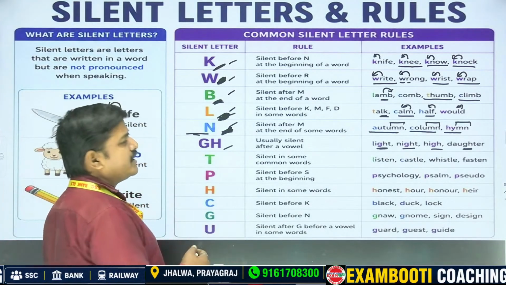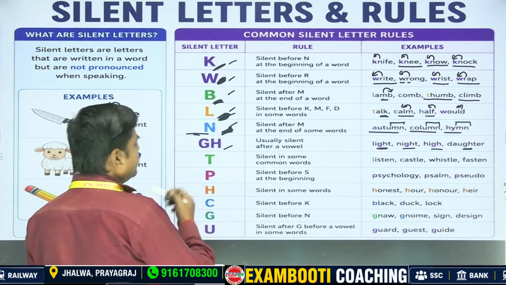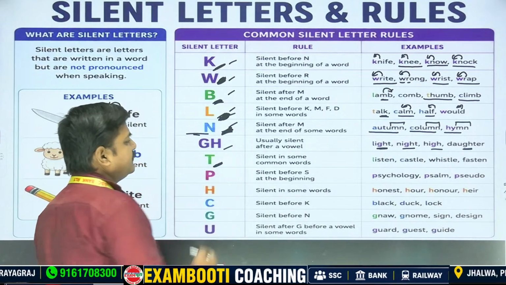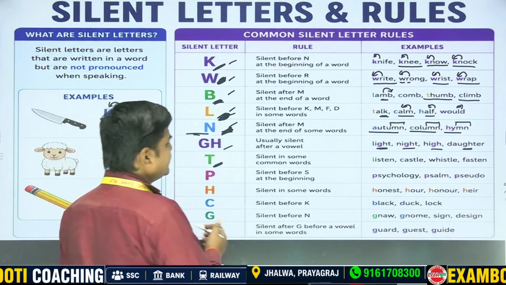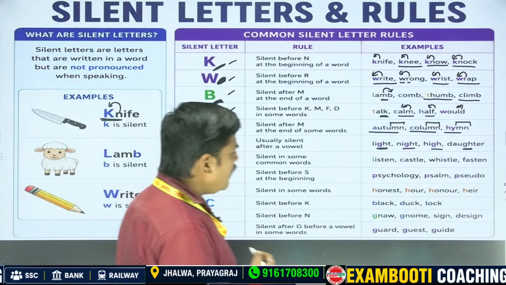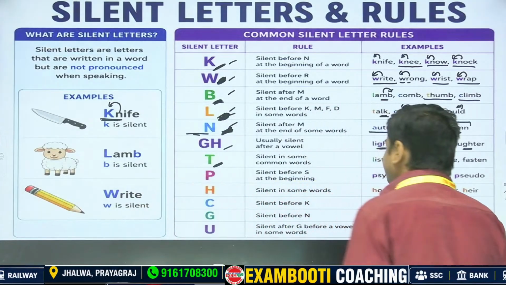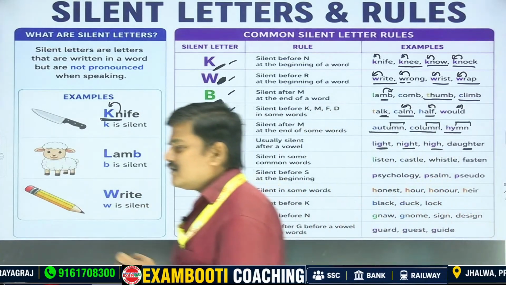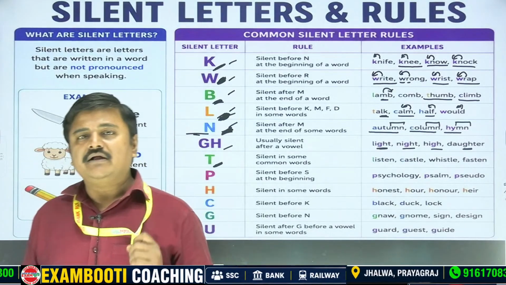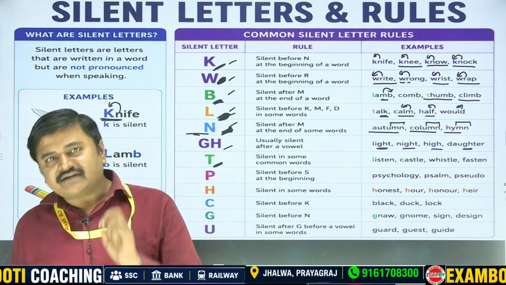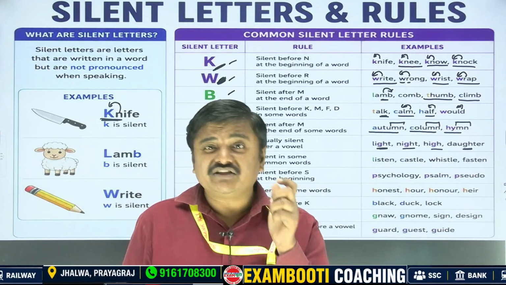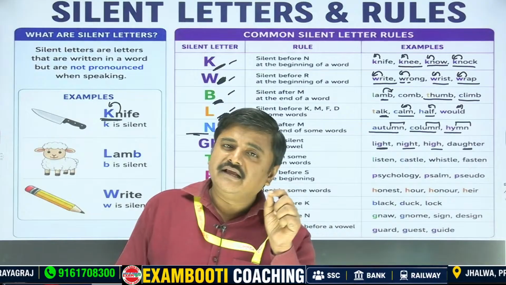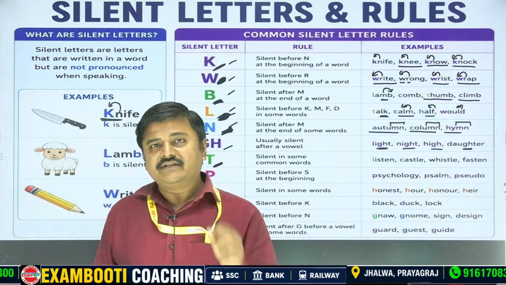Let us come to the next rule, and that rule is about T. My dear students, T is silent in some words, but there is no direct trick or direct rule by which you can judge that in this word the T is silent.